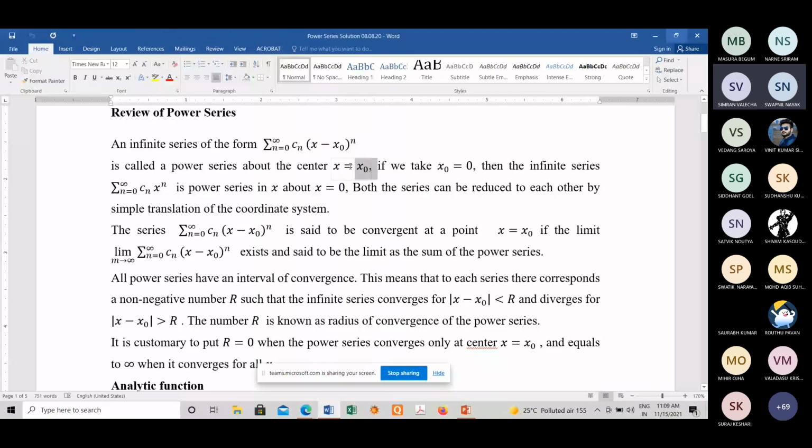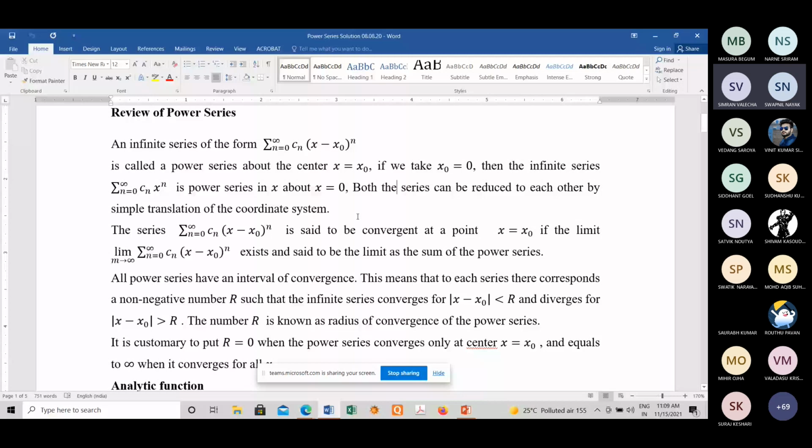When we use x naught as 0, we say it is an infinite series about the origin, or about the point x equal to 0. Both series can be reduced to each other by a simple translation of the coordinate system.